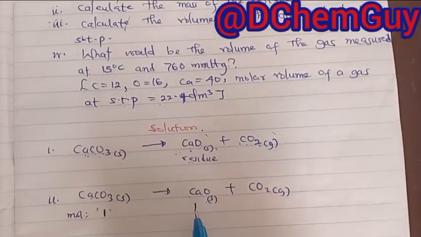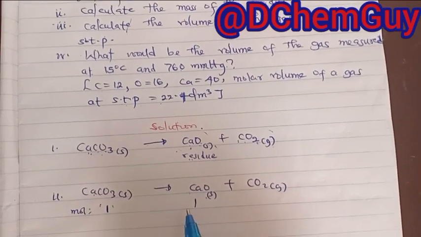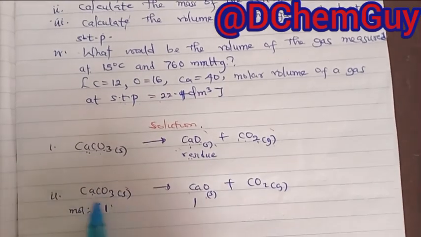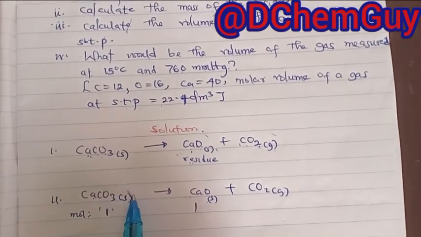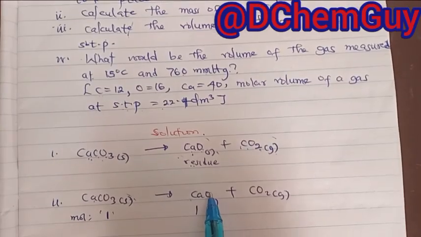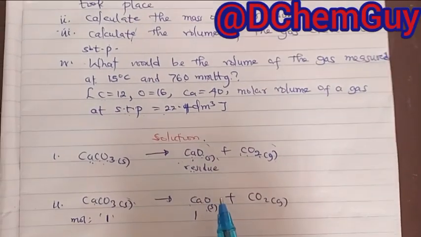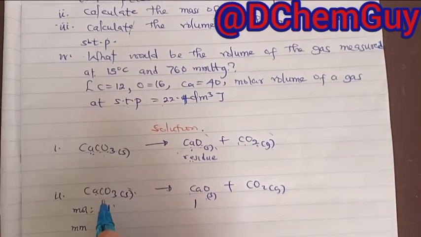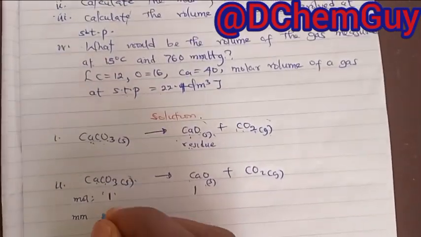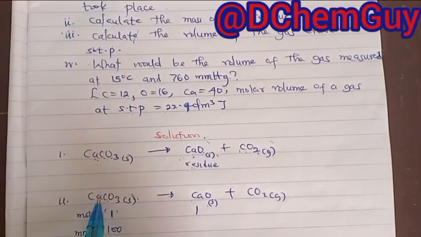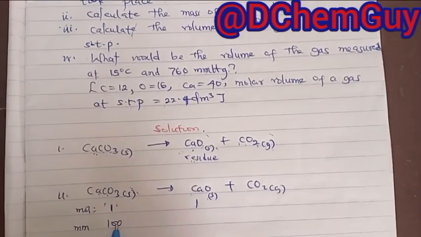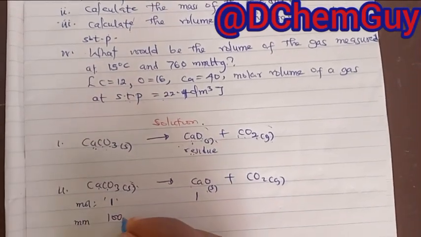We also need to find the molar mass of calcium carbonate and the molar mass of calcium oxide, and you know how to do that already. The molar mass of calcium carbonate: you add 40 plus 12 plus 3 times 16, that will give you 100 gram per mole.